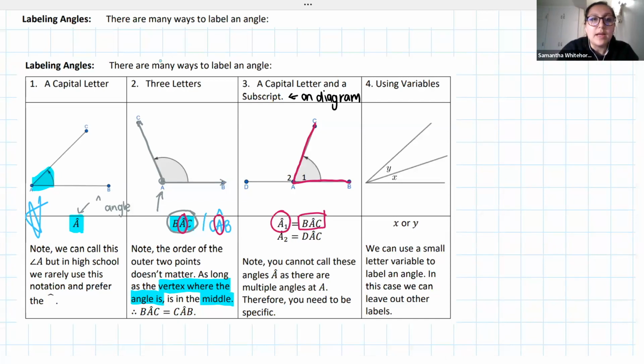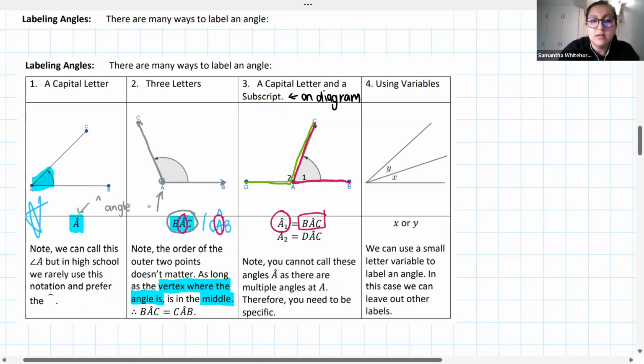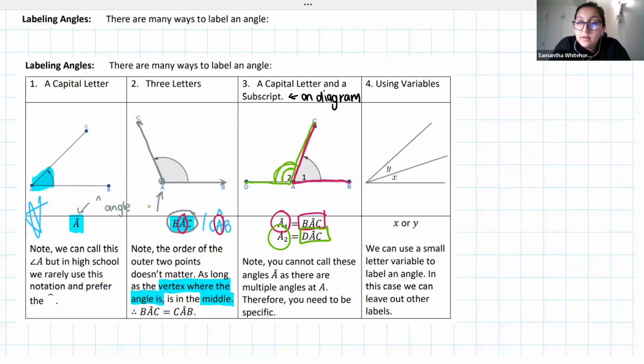In the same way that our second angle that we have here, DAC, we could just call angle A2 because there's a little number 2 here that tells me it's the second angle at A. So when we've got these numbers on the diagram, we can just say that.